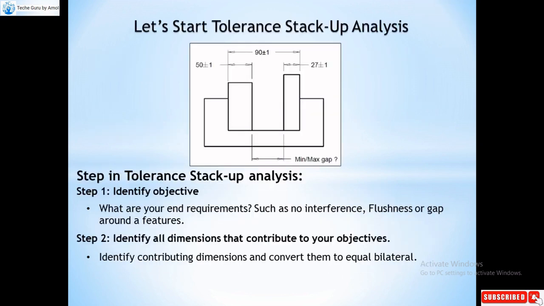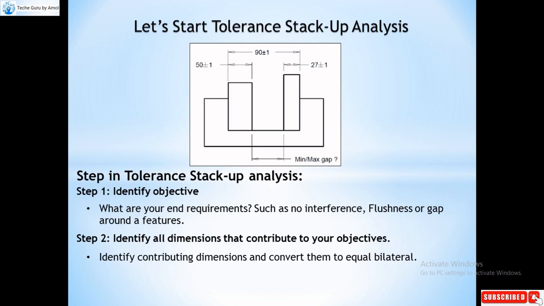So let's start tolerance stack up analysis. Here is the diagram. What are the steps for doing a stack up analysis? These are the steps. Step 1, identify the objective. In which area you want to find the minimum or maximum gap, that area you need to identify first.